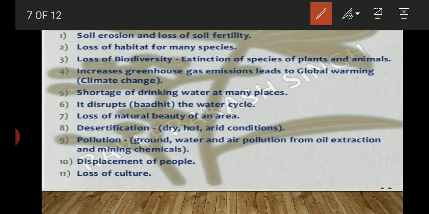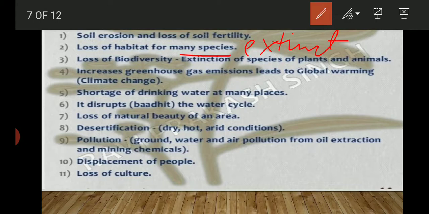If the forest has been destroyed, many species of plants and animals lose their habitat, and ultimately they will become extinct from the earth because of unavailability of the habitat. Loss of biodiversity, extinction of species of plants and animals.